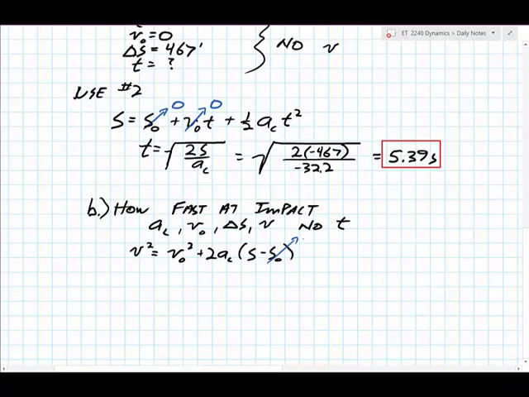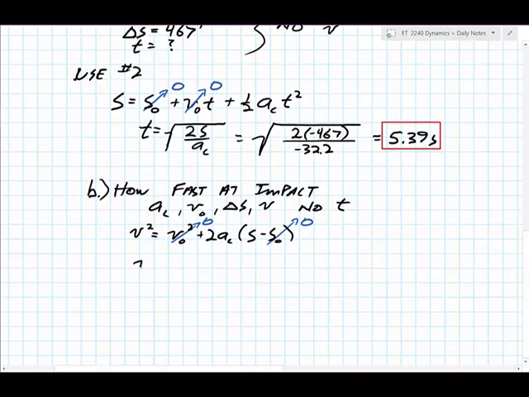Once again, we have a 0 for our initial position, and we have a 0 for our initial velocity. So plugging in, my final velocity squared would just be equal to 2 times this negative 32.2 feet per second squared times this negative 467 feet.